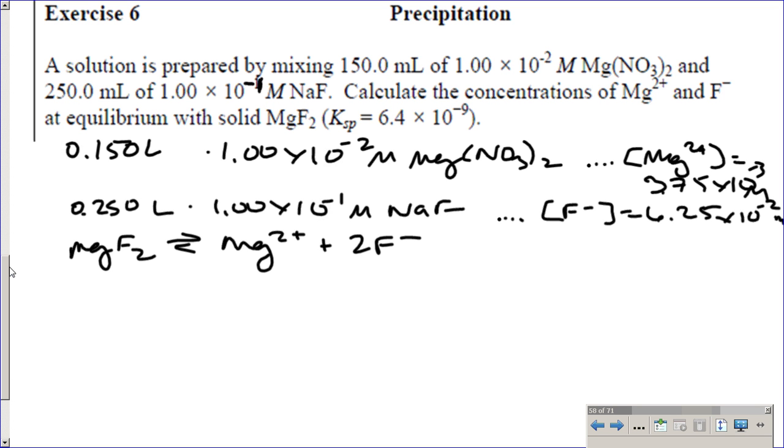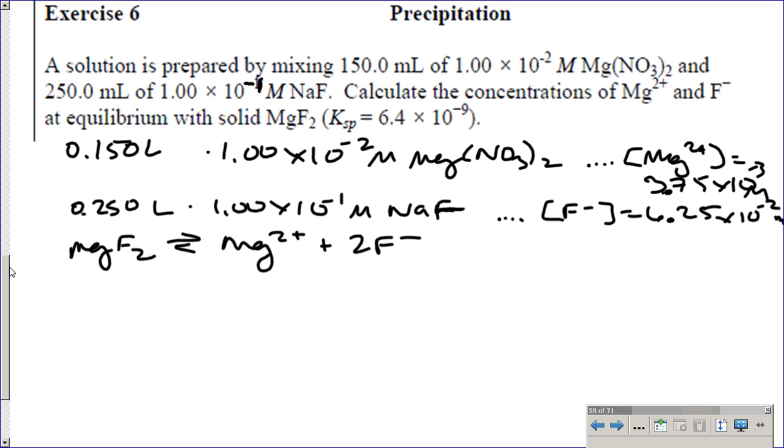I want to share something with you on this one. Tell me when you get to the point where you've got your 2 new concentrations. I didn't show my work on calculating it.